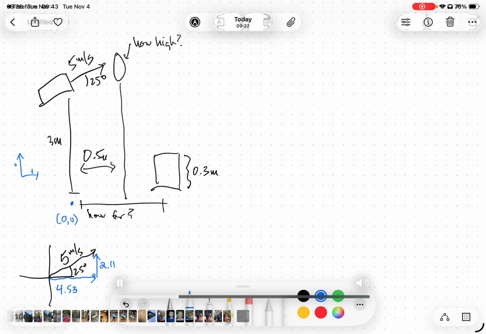So at this point, we can start listing our variables to solve the problem. And what we'll do is start with the hoop. So with the hoop, we know that it starts horizontally at location 0, and it travels 0.5 meters to the right. So that means its final horizontal position is 0.5 meters.